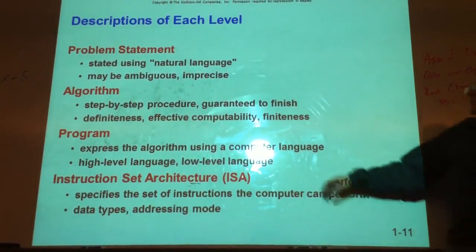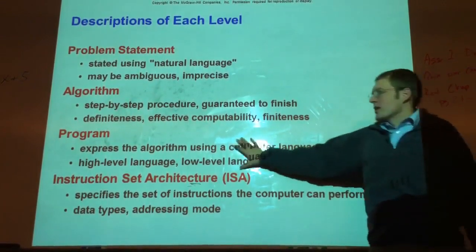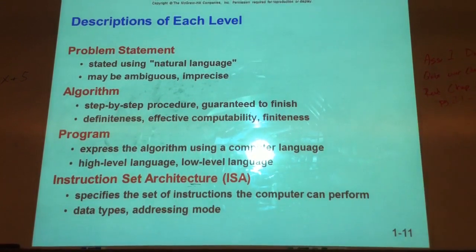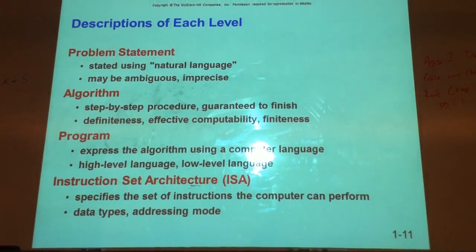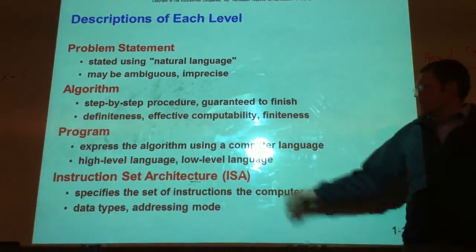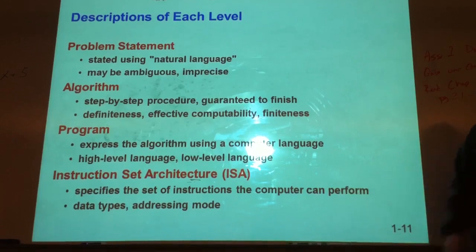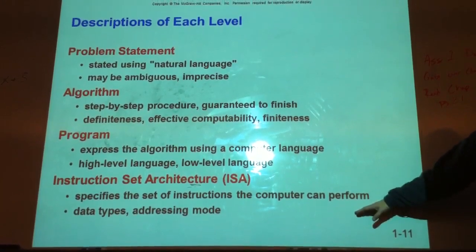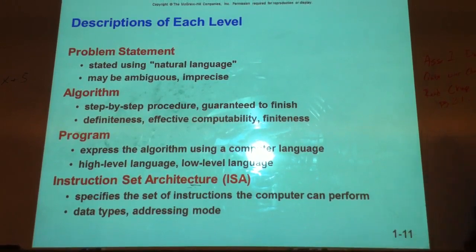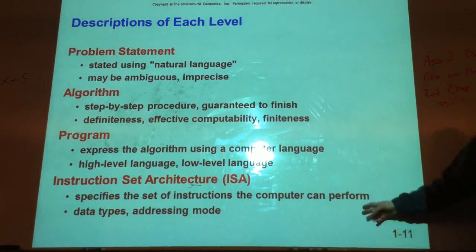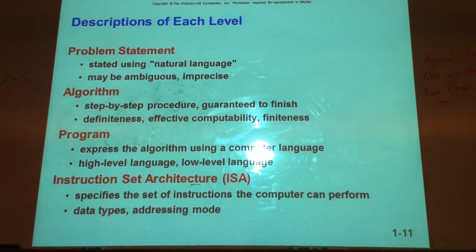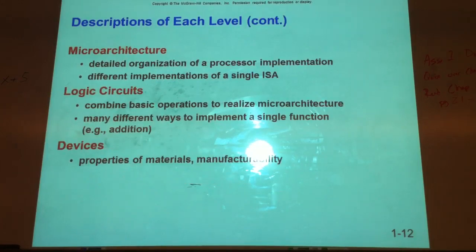And then we take those and we make a program, basically our C++ or C#, depending on what we want to solve. And then, no matter what, it's always broken down into an ISA. So each processor has an ISA, so that way we can actually do the computation in the processor.